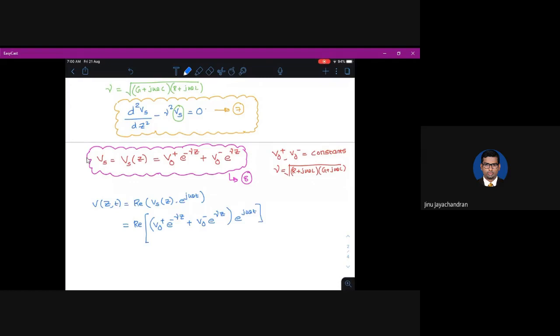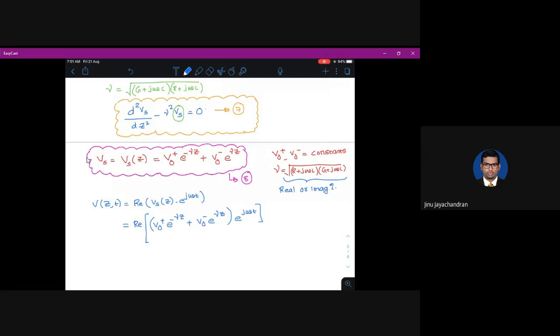Now the question is: is gamma a real value or an imaginary value? Only then can you take the real part. You should know whether gamma is real or imaginary.